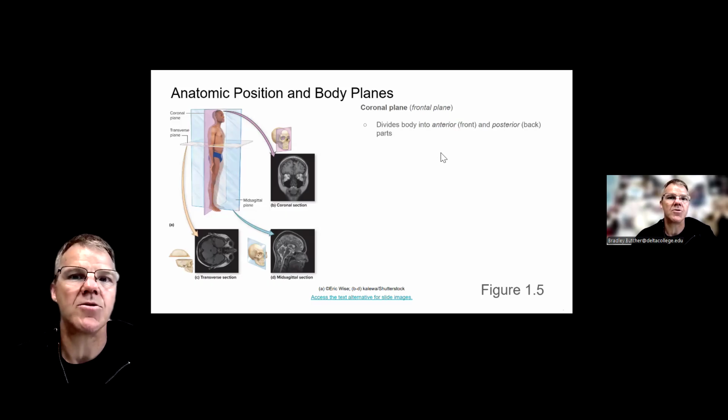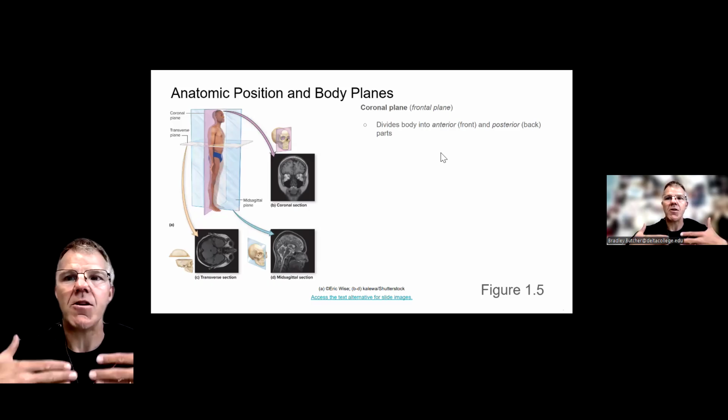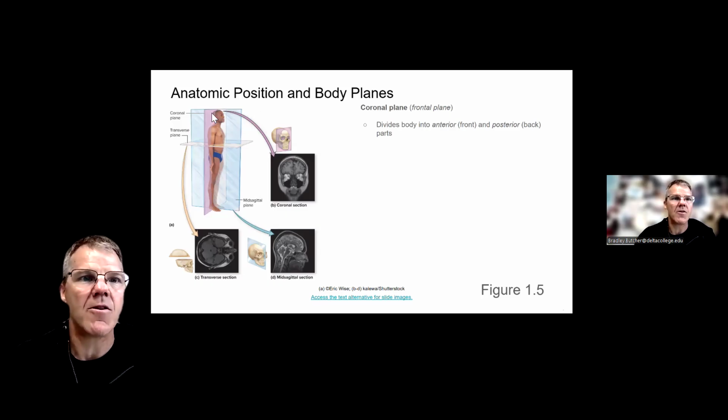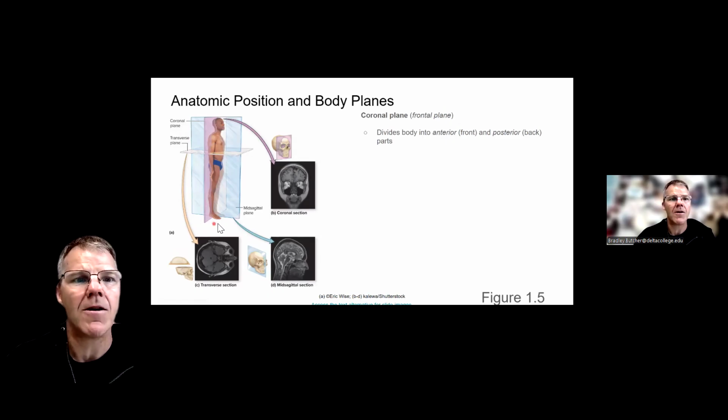This plane is going to divide the body into anterior, front, and posterior parts. You can see here the purple plane, that is the coronal or frontal plane. It divides the body so you have a front half and a back half.